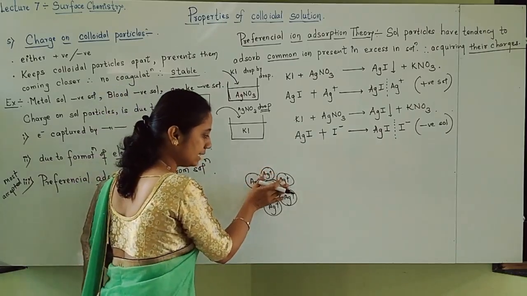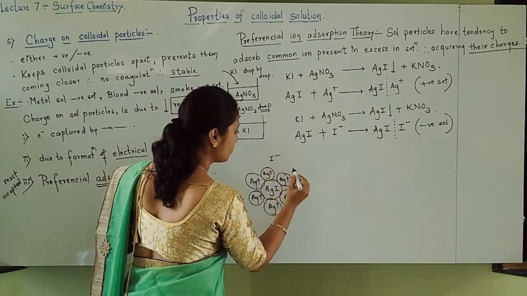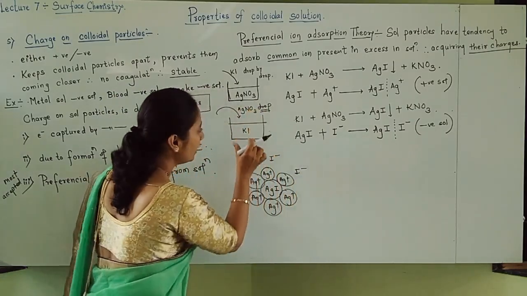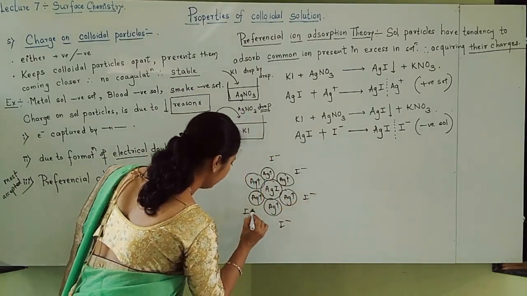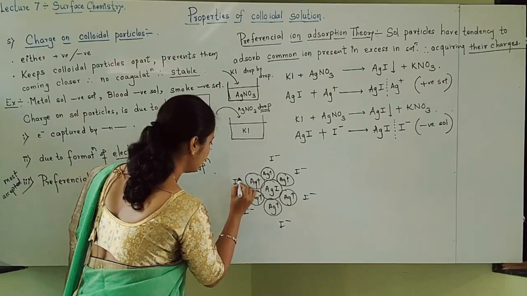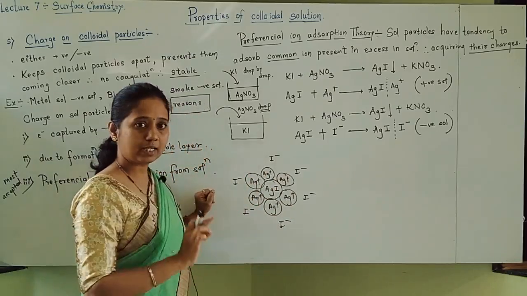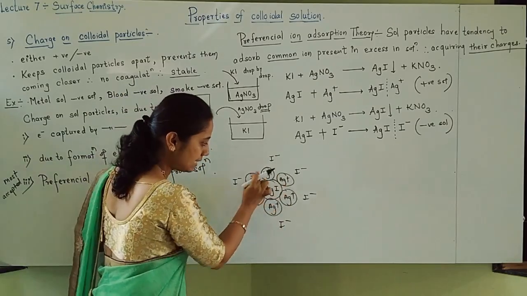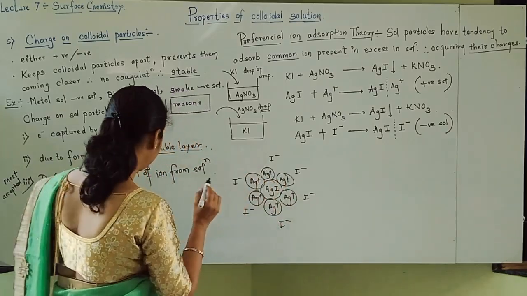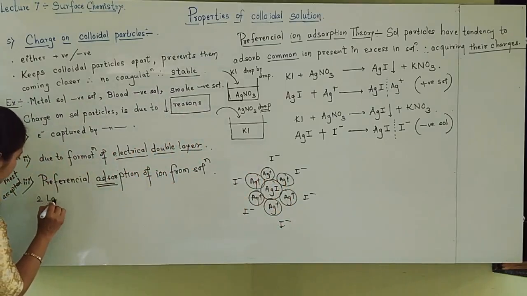So surrounding this dispersed phase, which ions will be there? Okay, I minus ions will be there. Opposite charges will form a layer surrounding this. So student, here you understood that two layers are formed.